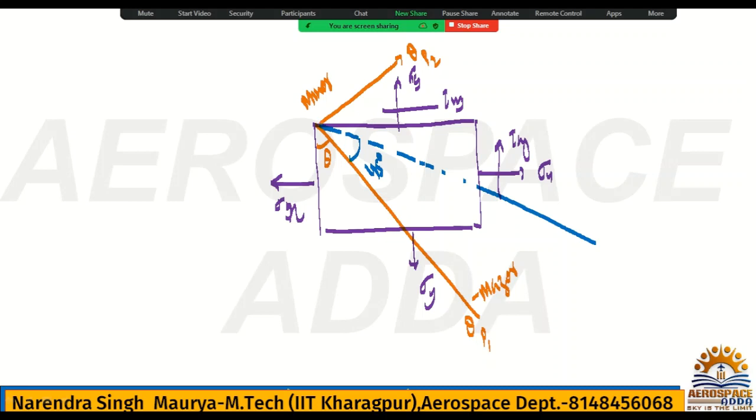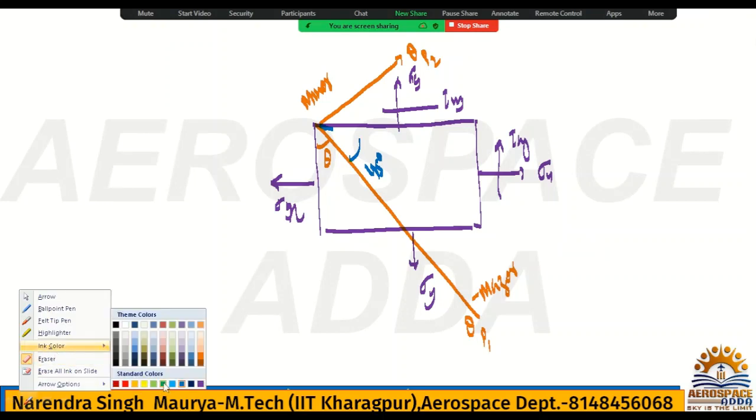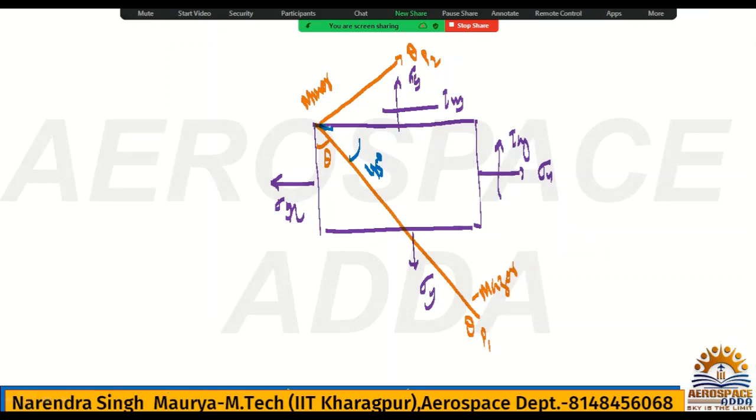And perpendicular to this shear plane we also have another. So this angle is 45.